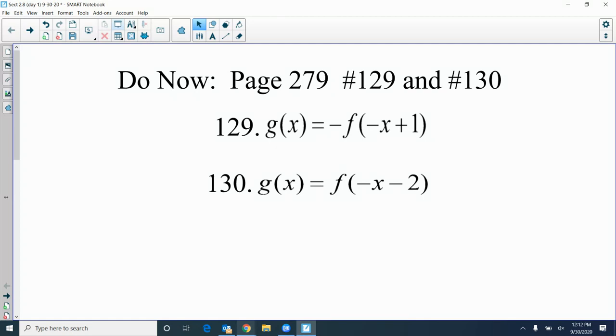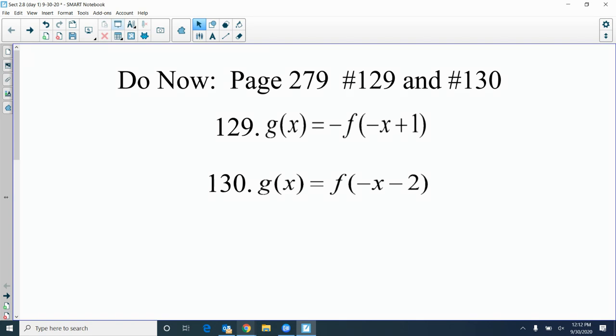So where's my original one? If I move this over to here, this to here, and this to here, it'll look like that. And then what happens on the reflection? That puts it back here, puts that one over there. That's where you get that.